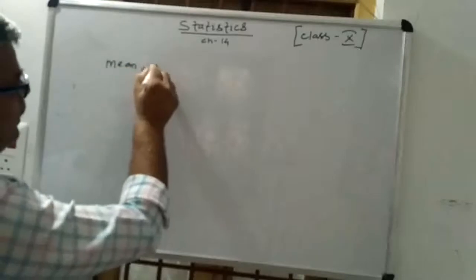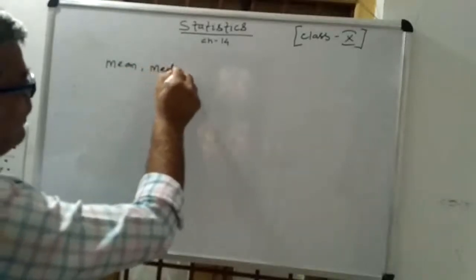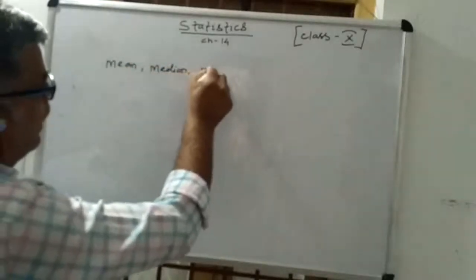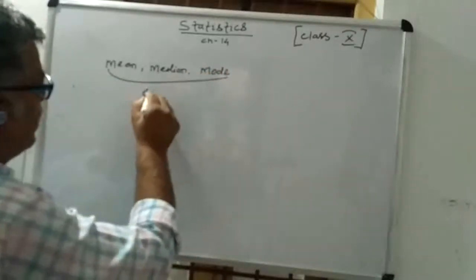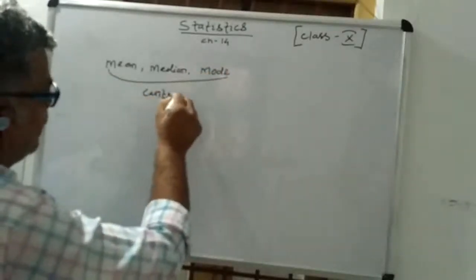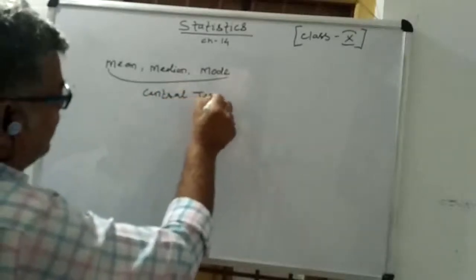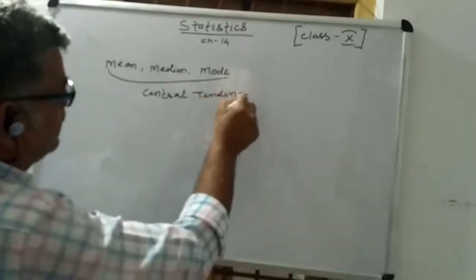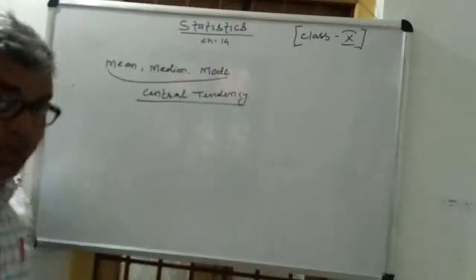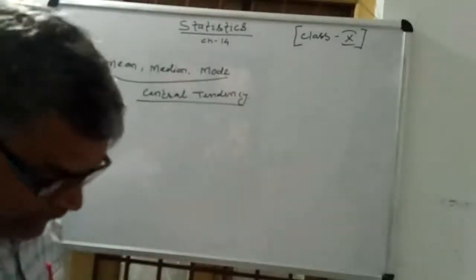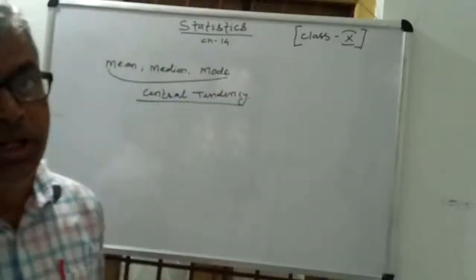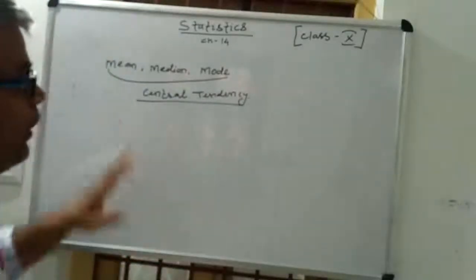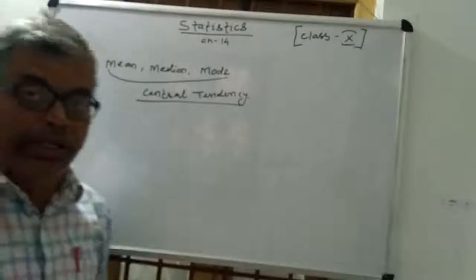Mean, median and mode are called central tendency. This is called central tendency because the concentration of data lies near to it.